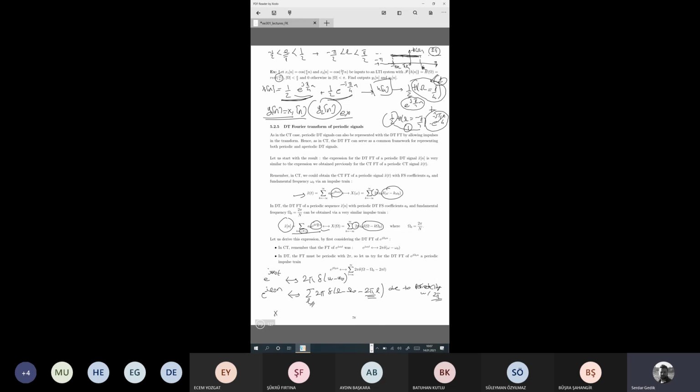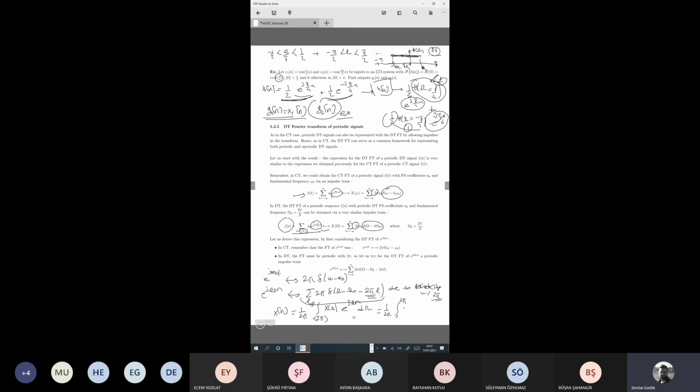So if I find x of n corresponding to this signal, what I will do is take 1 over 2 pi integration over a 2 pi period of X(omega) e^{j omega n} d omega, and this is nothing but 1 over 2 pi integral from 0 to 2 pi. I'm assuming that omega_0 is, of course, positive.